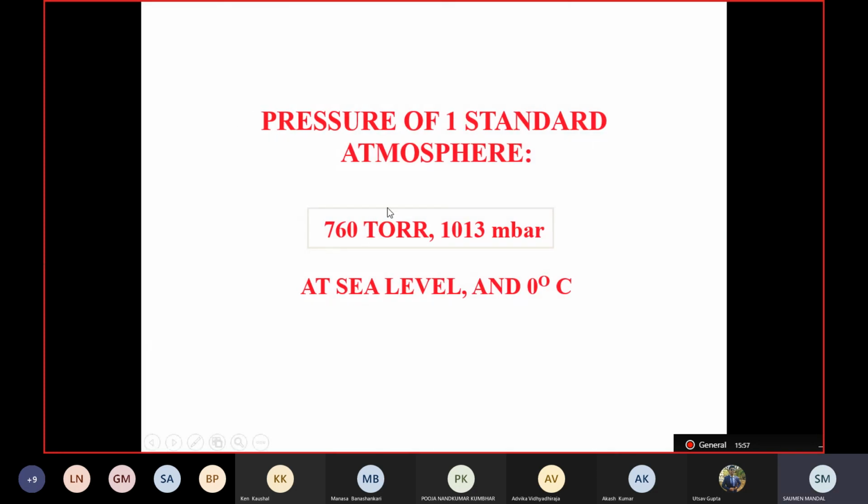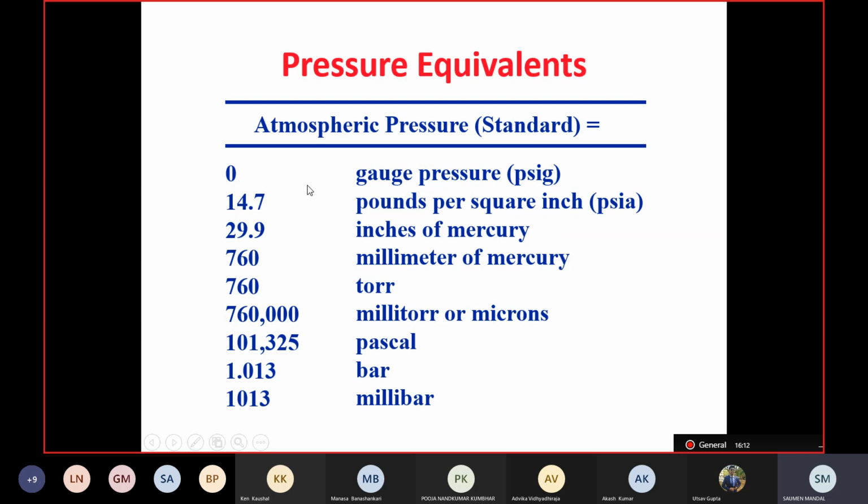Now pressure: one standard atmosphere is 760 torr or 1013 millibar, at sea level at 0 degrees Celsius. We call it one standard atmosphere. The equivalent gauge pressure PSIG is 0 pounds per square inch, PSIA is 14.7, and 760 millimeters of mercury, which we know from our school days.